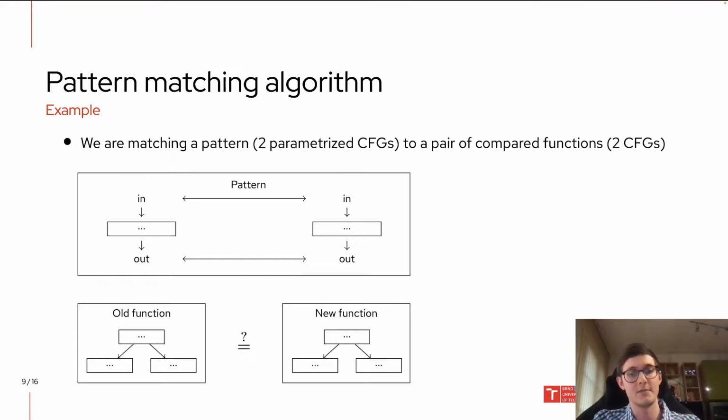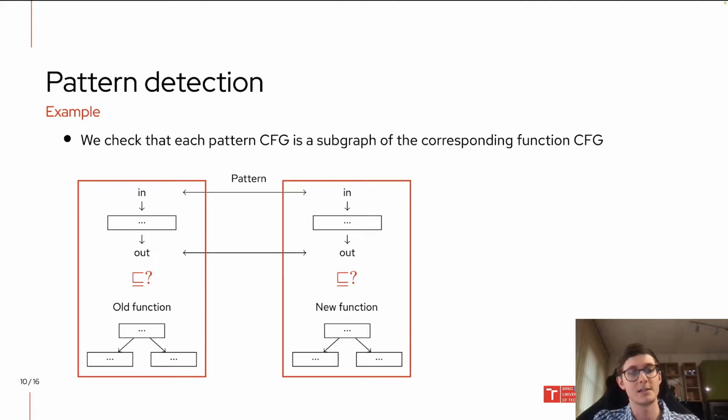And in these, we need to find occurrences of the parameterized control flow graphs that are represented by the pattern we want to match. In theory, this is a standard subgraph isomorphism problem where we're trying to check if the parameterized control flow graph from the pattern, one for each compared version, the old and the new version, are subgraphs of the corresponding function control flow graph.